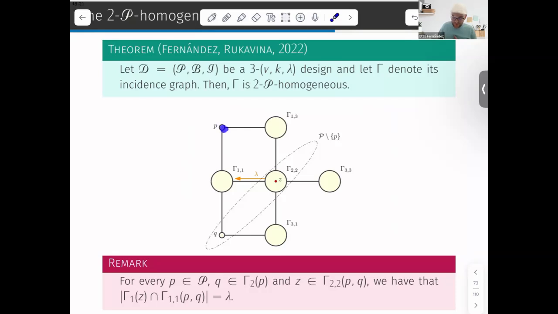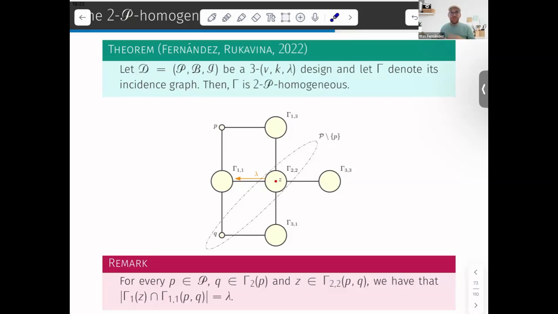For such a graph, we need every 3 points that we pick, among all possible triplets, to intersect in the same number of blocks, and this number is lambda. This means that the incidence graph of a 3-design is an example of a graph which is 2-homogeneous, and it is not necessarily distance-biregular, nor distance-regular.